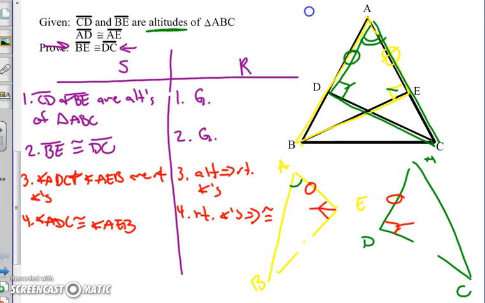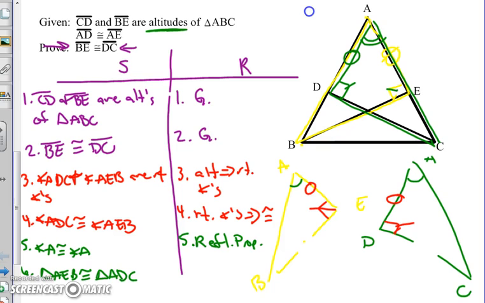So I can say, I know we've been using only reflexive property on segments, but you can say an angle is congruent to itself, reflexive property. And then these two triangles are congruent. Triangle AEB is congruent to triangle ADC in the right order.